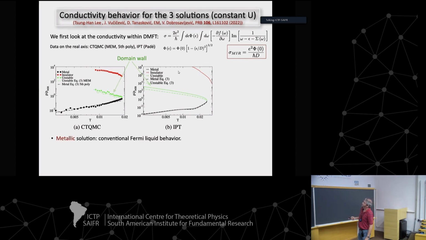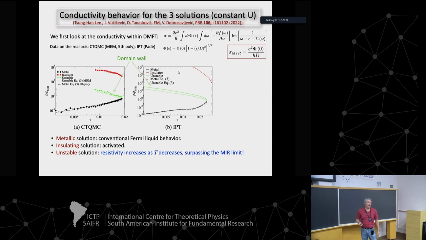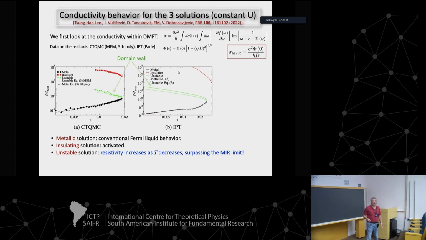So as I said, the metallic solution is a conventional Fermi liquid. The insulating solution also shows Mott insulating behavior. And the domain wall is strange. It's a strange metal, or what is it? If you look at the numerical value of the resistivity, it is going above the Mott-Ioffe-Regel limit.